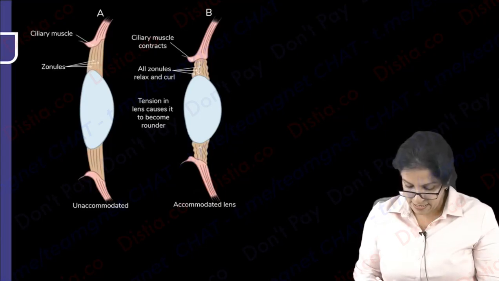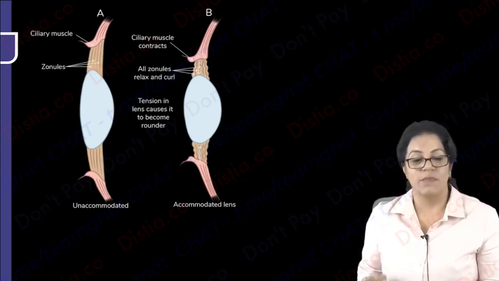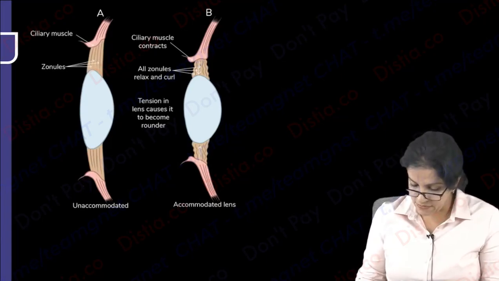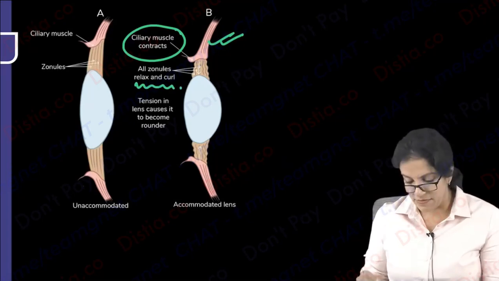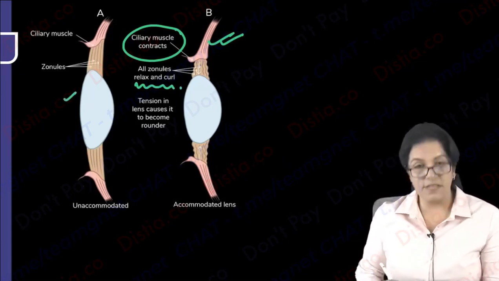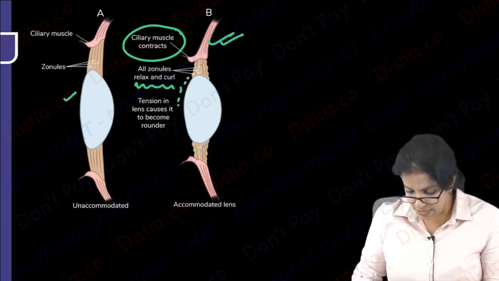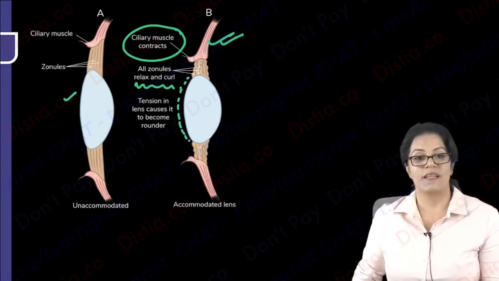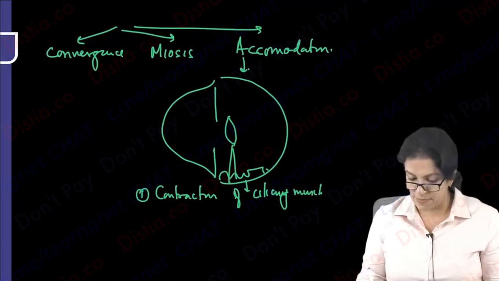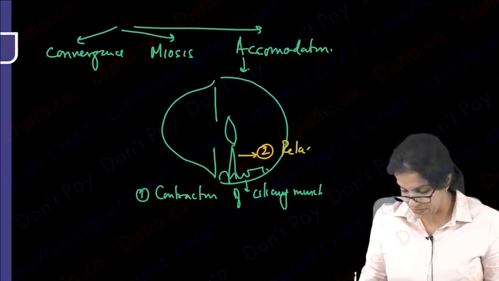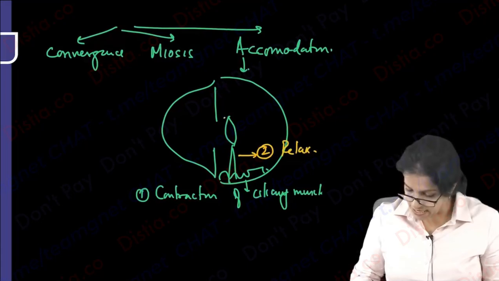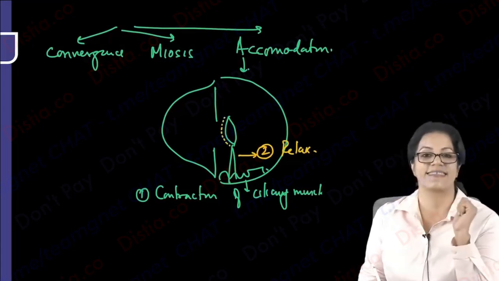If you look here, this is an unaccommodated lens. But what happens when there is contraction of ciliary muscles? When the ciliary muscles are contracting, these zonules are relaxing. This was the anterior surface in an unaccommodated state. Once the zonules relax, there is more curvature of the lens. So, the first step is contraction of ciliary muscles, which causes relaxation of zonules, and this leads to a slight increase in curvature of the lens.